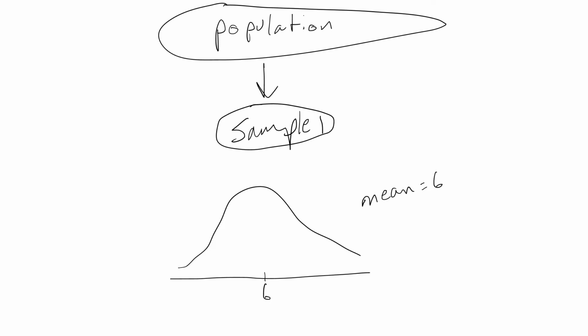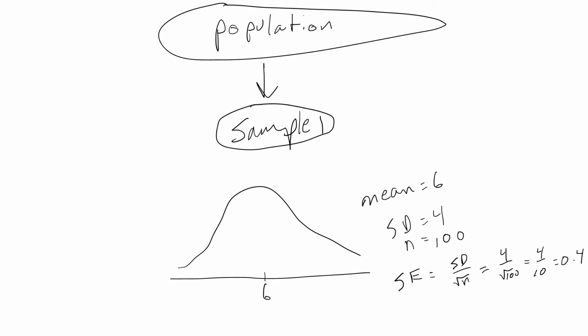Let's work through an example. Again, go back to the real world where we're taking a single sample from our population. We get a mean of 6 for the distribution of some variable. Then let's say the distribution has a standard deviation of 4 and we have 100 people in our sample. To estimate the standard error, or the standard deviation of our hypothetical distribution of means, we simply divide our standard deviation by the square root of our sample size.